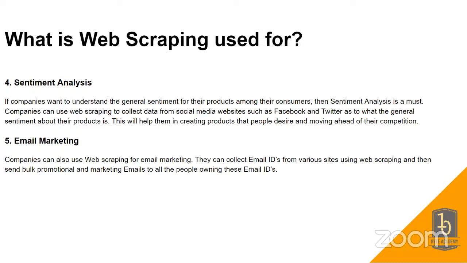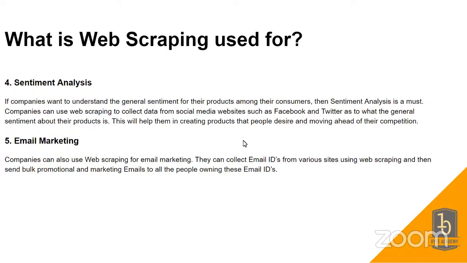So I would write a script to get the big names in the beauty industry, or in general people in the beauty industry, using sites like LinkedIn. I would perform a search using the script, scrape that list, get all the names and the email IDs, and then write a script to shoot an email to those email IDs. So that is how you go about the email marketing example.